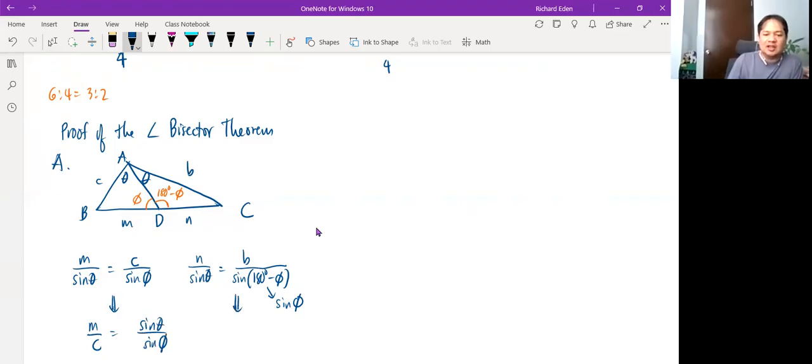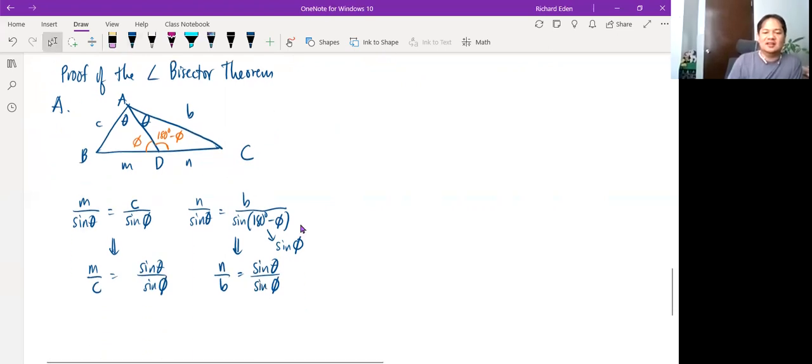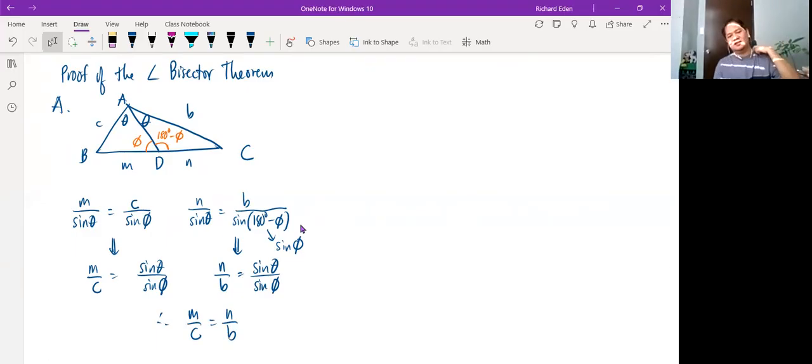But from the second equation, N over B is also equal to sine theta over the sine of phi. So conclusion, M over C equals N over B. In that way, this is a direct consequence of the law of sines.